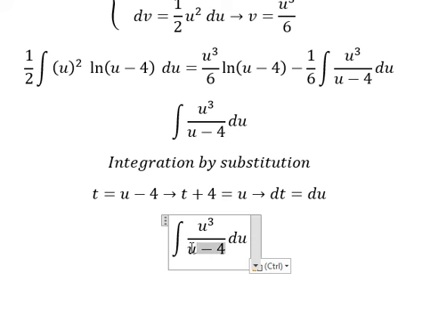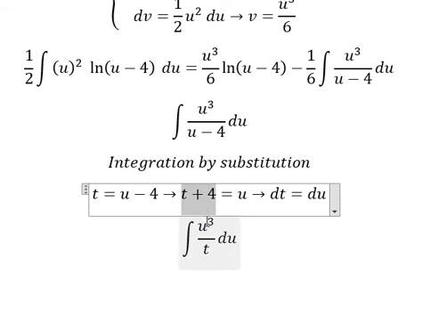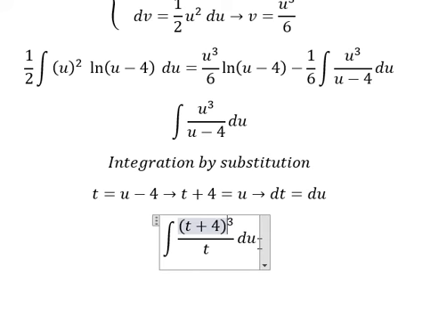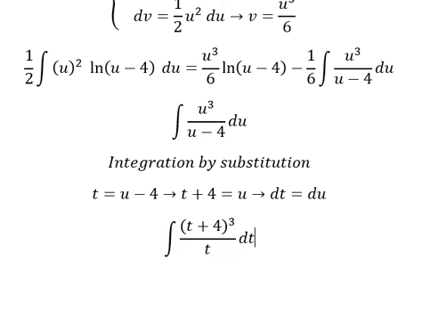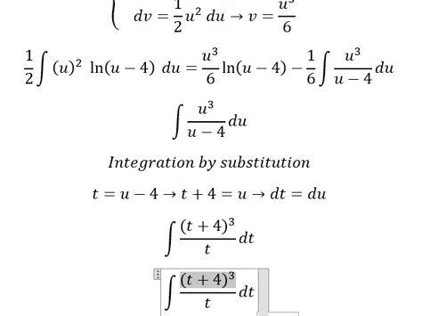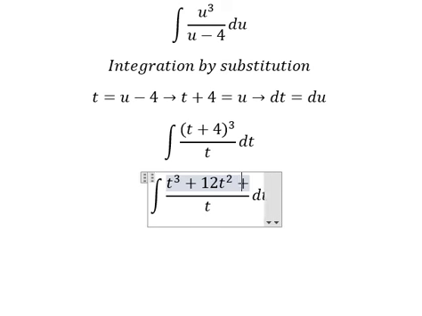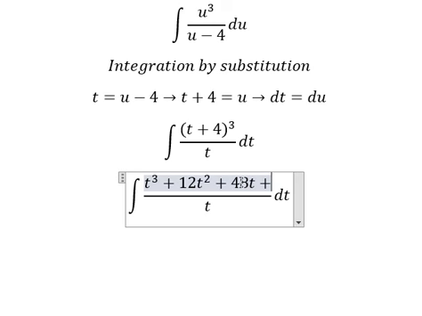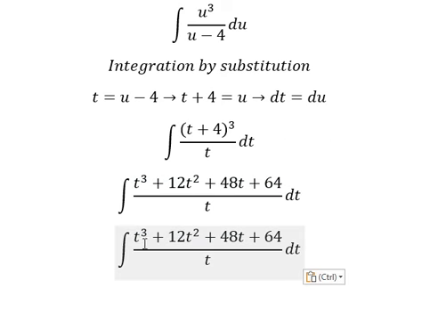This one we change by t. u we change by this one. du we change by dt. And now we need to expand. t squared plus 48t, and the last one is 64. Now we need to simplify t.